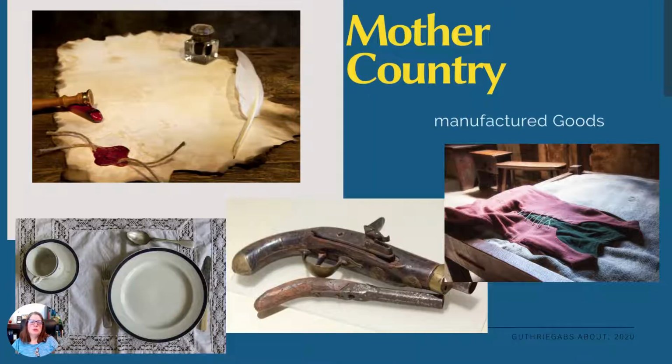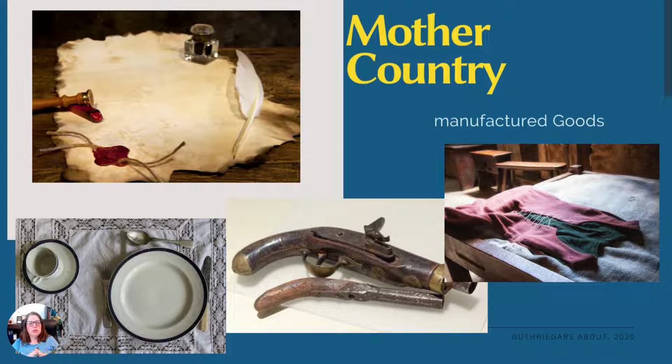So this goes back and forth. And so the mother country is selling these manufactured goods. I didn't mention like linen, tableware, cutlery. And so over time, we're going to see that these craftsmen and people who are able to make these products do move to the colonies. But in the beginning, everything's having to come from the mother country in Europe.